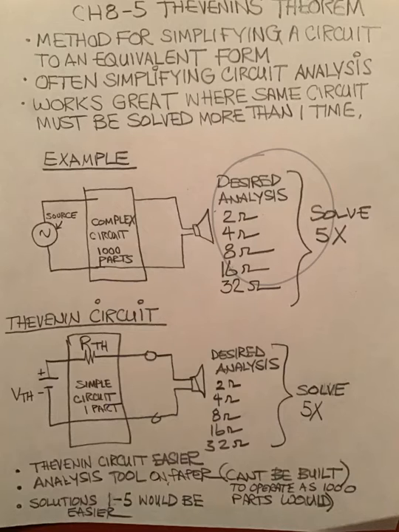Well, Thevenin developed a technique called Thevenin circuit reduction. It takes those 1,000 parts and reduces them down to one simple component called a Thevenin resistor and a Thevenin voltage. Now, that doesn't just happen by magic. There is some technique involved, and that's what we're going to learn.